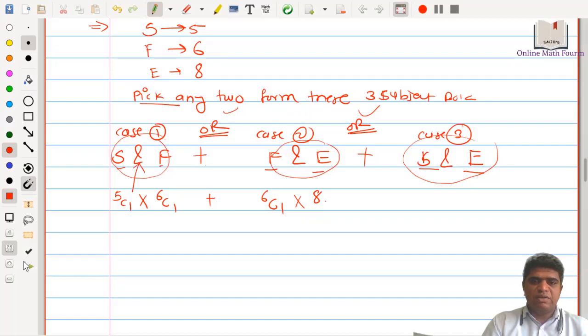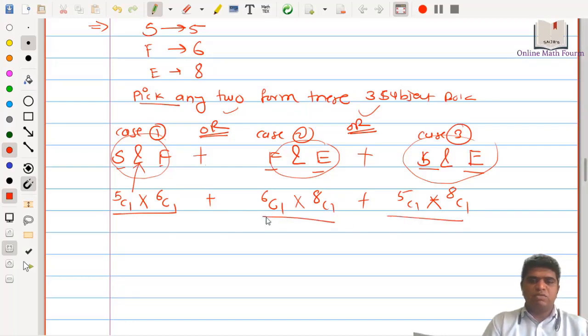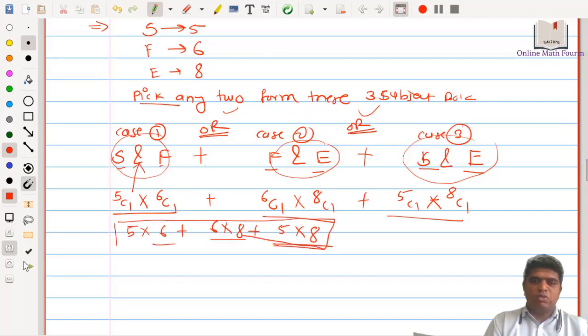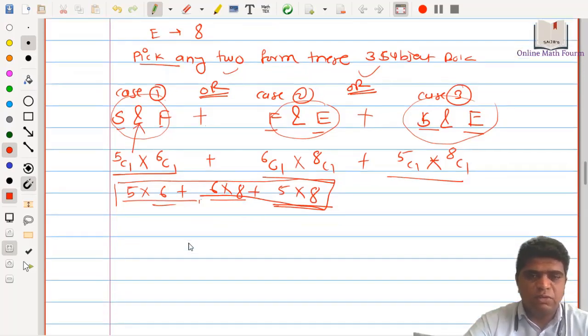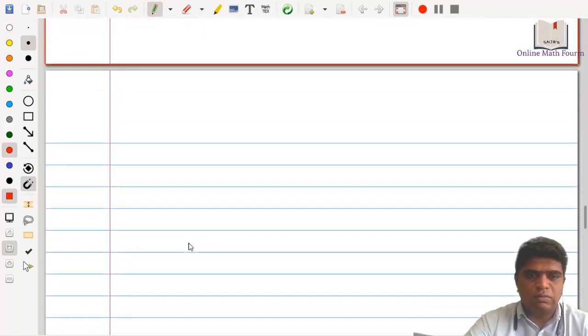Then French and English: 6C1 into 8C1. Similarly Spanish 5C1 into English 8C1. So the answer is 5 into 6 plus 6 into 8 plus 5 into 8. This is the total number of ways to select two books from three different subjects. Okay, thank you.